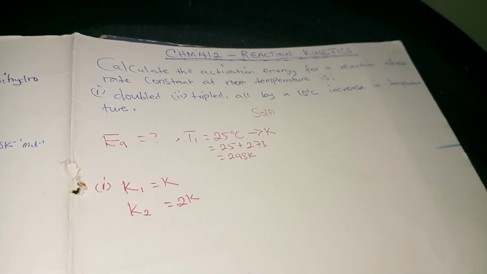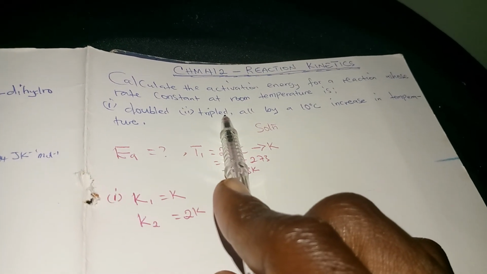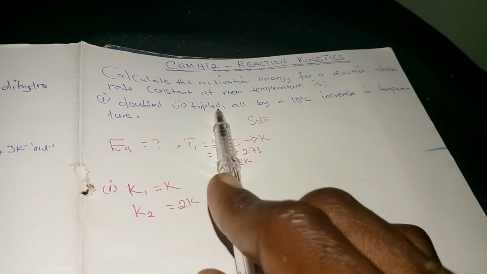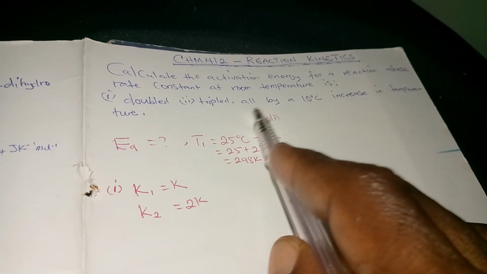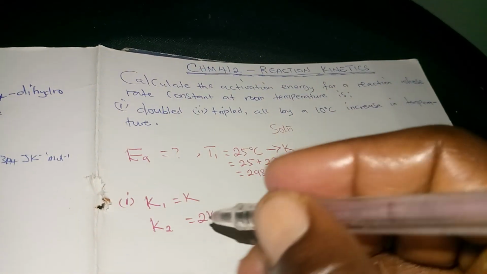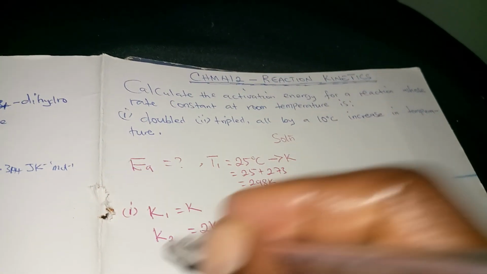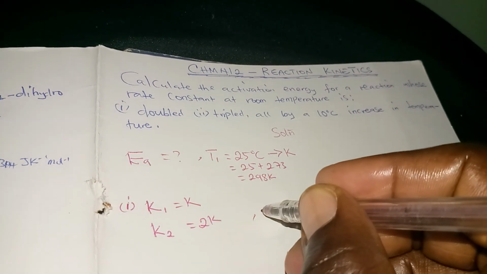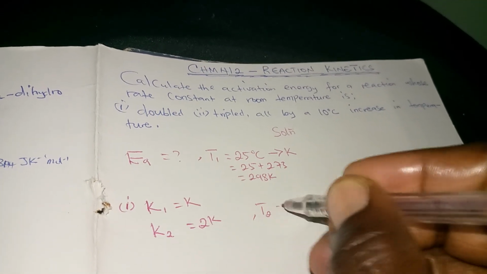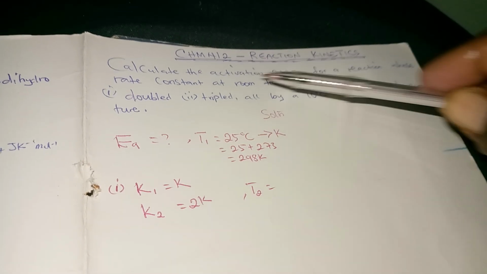After knowing this, they continue the question: for a 10 degrees Celsius increase, that means you have been given temperature 2. So my temperature 2 is an increase of temperature 1 by 10.